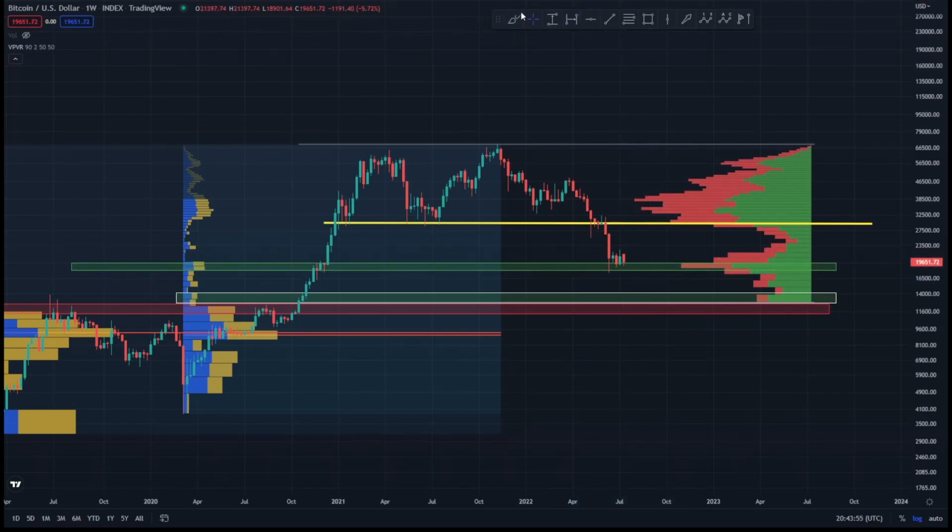So I think we're going to do this, break below the support, bounce back up, backtest this previous capitulation region, and then I think we're going to roll all the way down to between the ranges of 14,000 all the way down to 12,700, 12,600, and this is where I think the bottom's going to be.